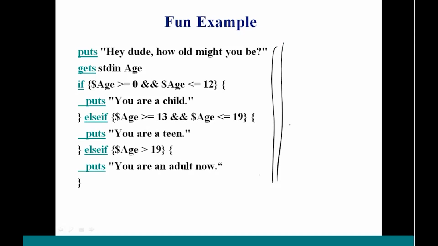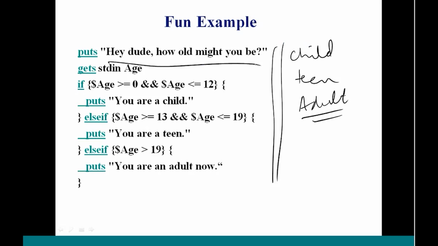This program identifies a person as either a child, a teen, or an adult. How does it do this? It asks a question, how old are you? And then it takes the value from standard in and assigns it to a variable called age.